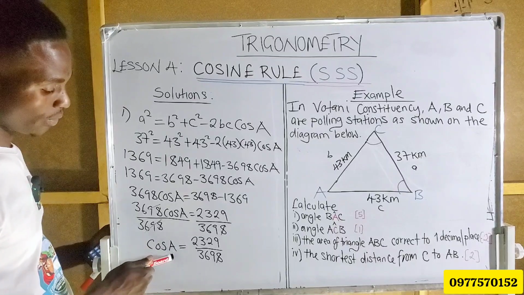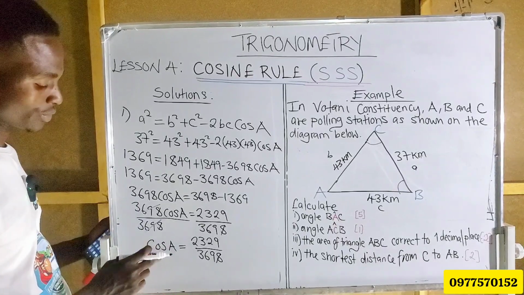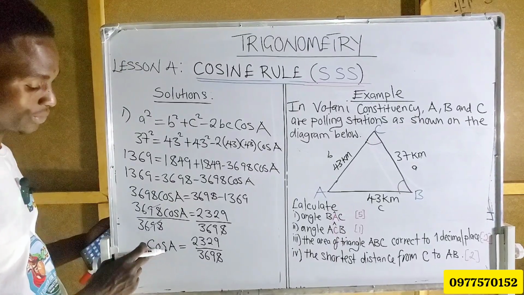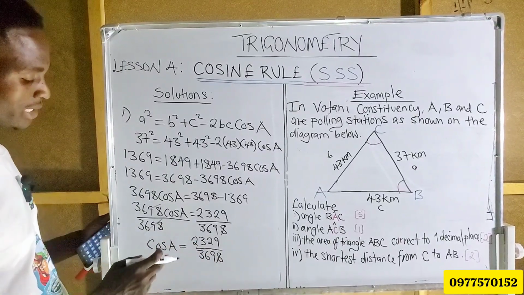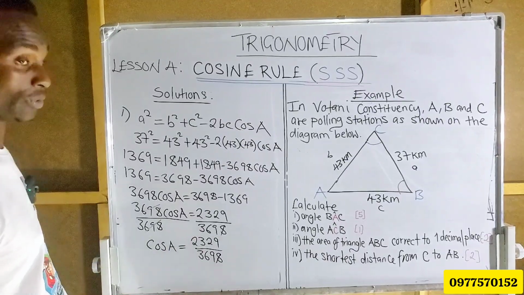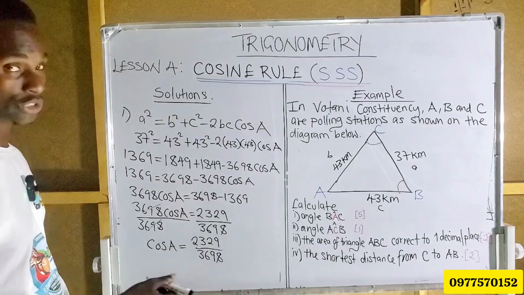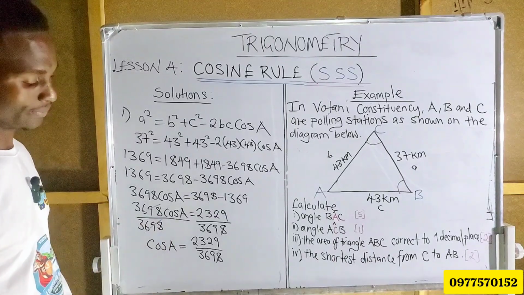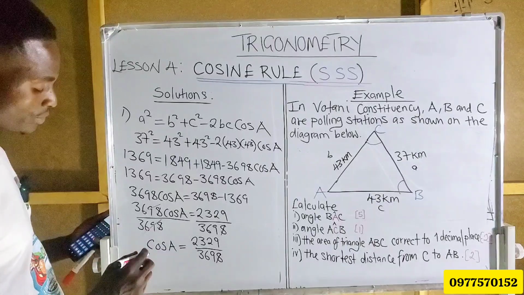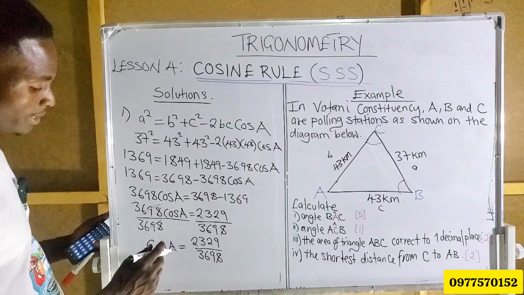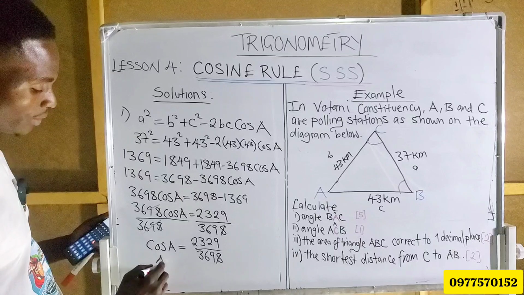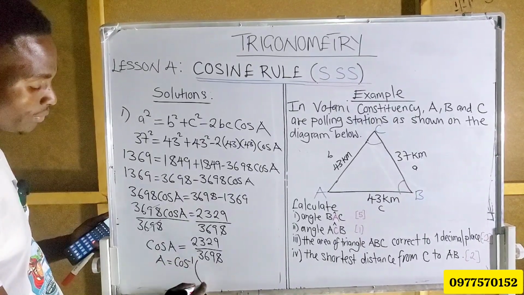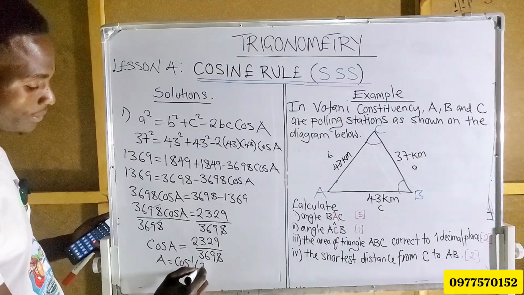So we want to find the value of angle A. So we're going to get rid of the cos: we multiply by the cos inverse on both sides. In other words, we just remain with the angle A is equal to cos inverse of this. Okay?